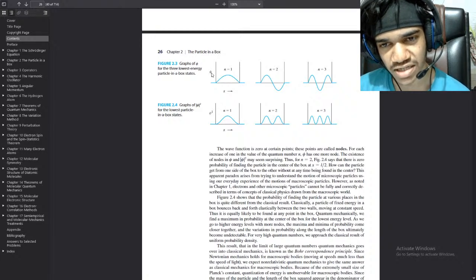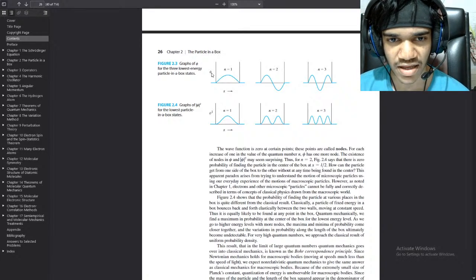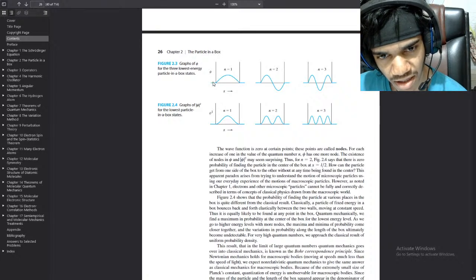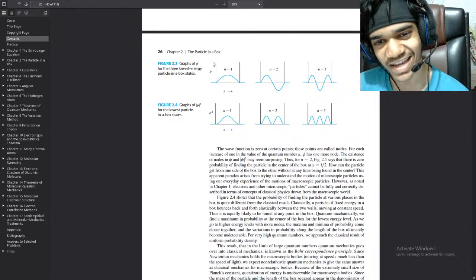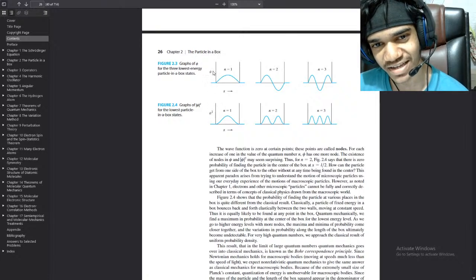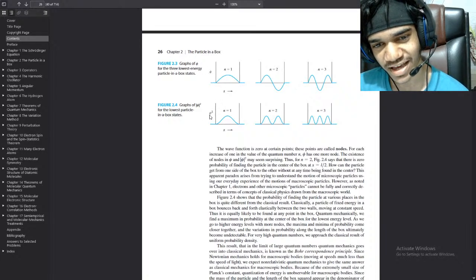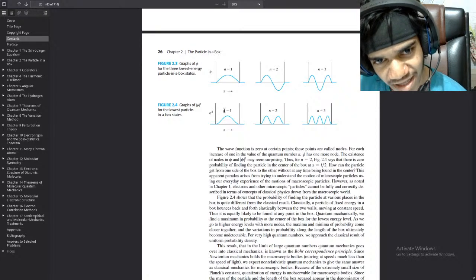What's the other symbol? This is psi. Psi is angular, no? So in this book, psi is for the wave function.